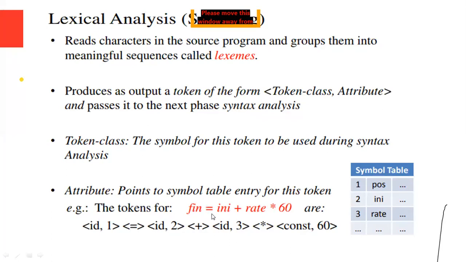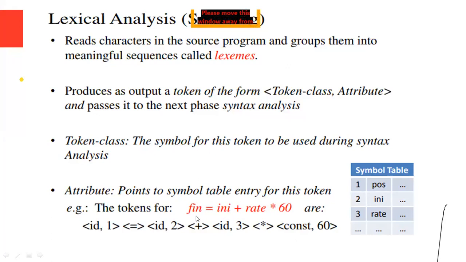In intermediate code generation, this can be modified into 3 address codes. Here in the symbol table a mistake was made with POS; it is enough to put FIN here. So the tokens for FIN equals INI plus rate into 60 can be written in the output of tokens.